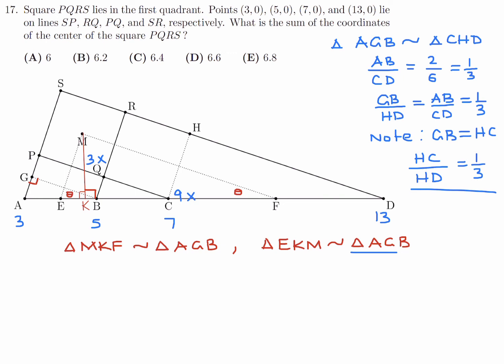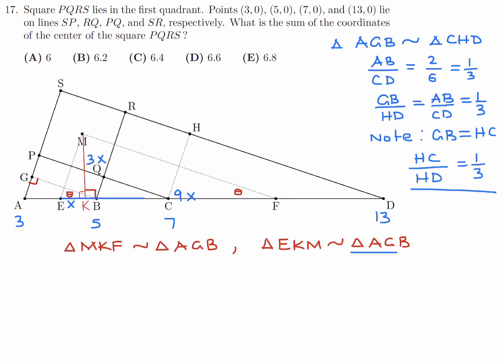And in a very similar way, since this triangle is also similar, its sides also have to have a ratio of 1 to 3. So since this is 3, EK, from here to here, has to be x, since it's got to be 1 to 3, where the smaller is obviously 1 and the larger is 3. So we are almost done with the question.